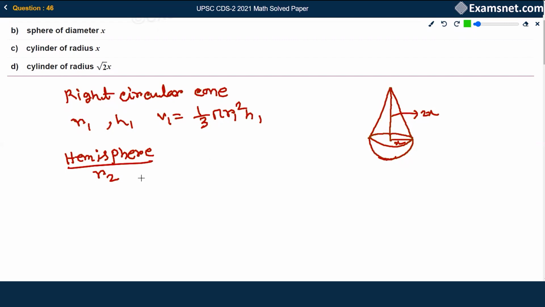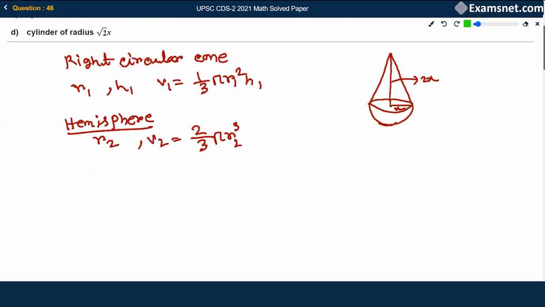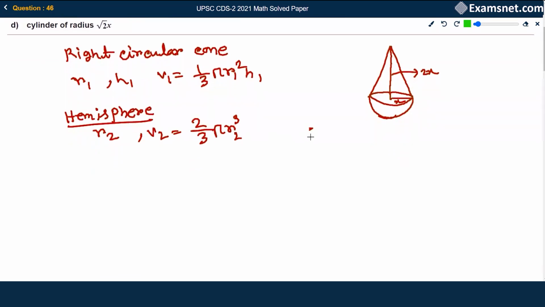So R2 is the radius, and the volume is 2/3 pi R2 cube. Here we are given that R1 and R2 both are the same, that is x, because the base of the cone is the base of the hemisphere also, and H1 is 2x.